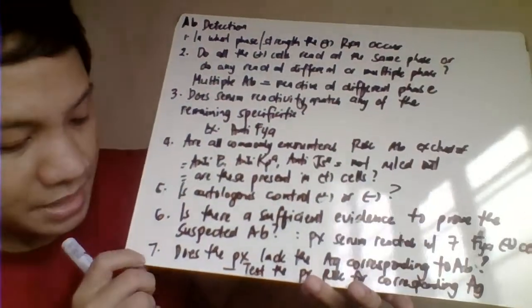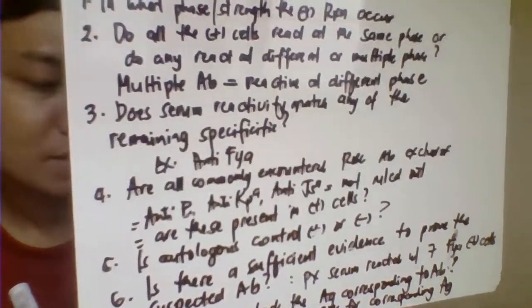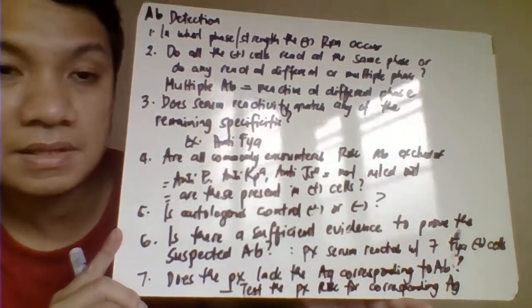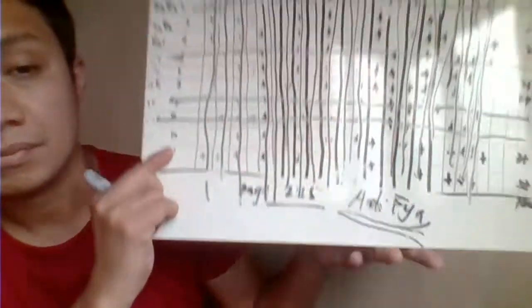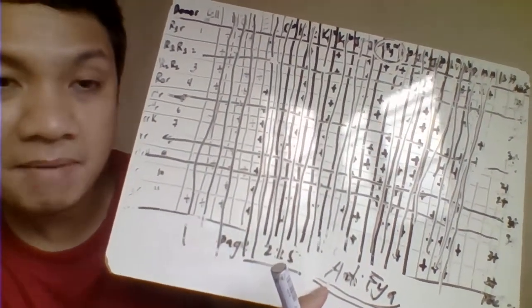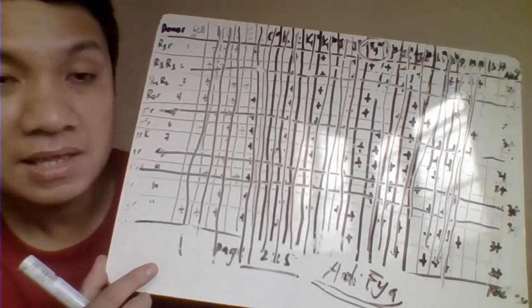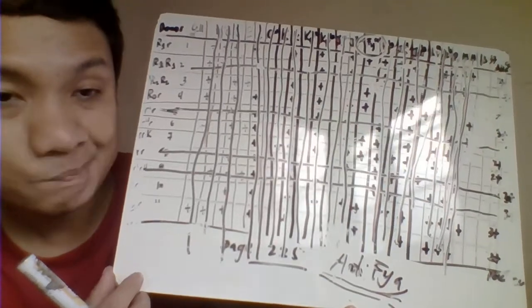And the most important thing here, does the patient lack the antigen corresponding to the antibody? So what do you mean by that one? You need to test here the patient's red cell kung positive siya for that antigen. For example, this one, since mayroon siyang anti-FYA as kanyang antibody, dapat ang kanyang red cell should be FYA negative. Hindi pwede na may antibody ang patient natin, tapos FYA positive din siya.